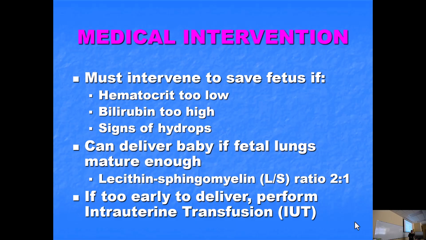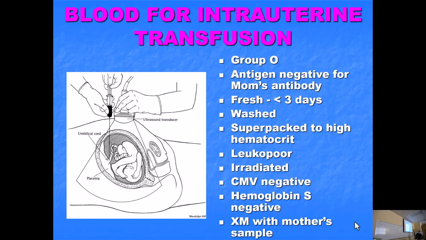If it's too early to deliver, then we're going to start performing what's called an intrauterine transfusion. They stick this little needle in, like I said, and the blood they're going to give, see how little of a blood that is? Remember how little these babies are. It's not going to be a whole big unit. Group O, antigen negative for mom's antibody.